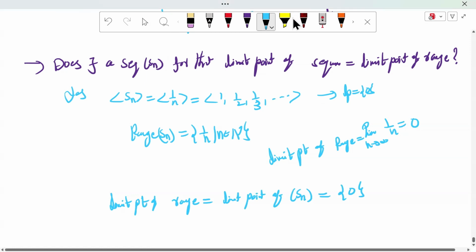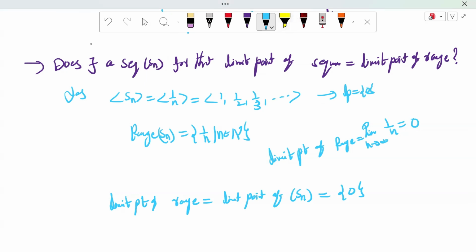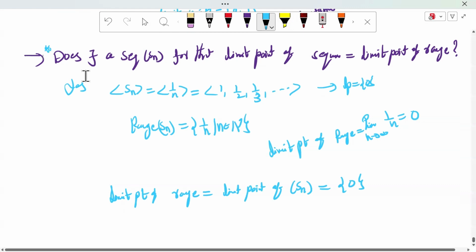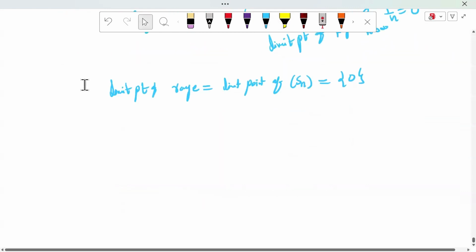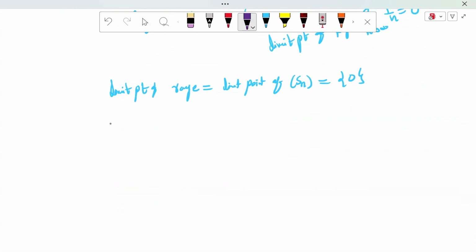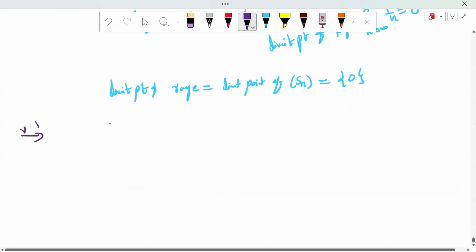Sir, very important. The next point is very important at the CPGET level. Students, every bounded sequence has at least one limit point.